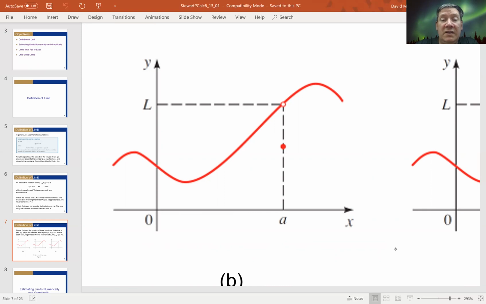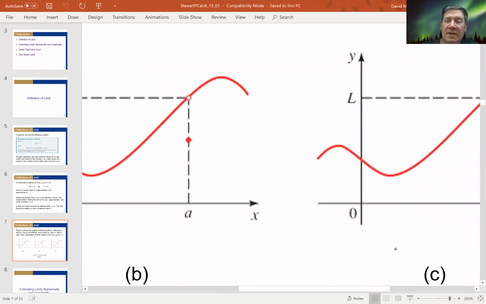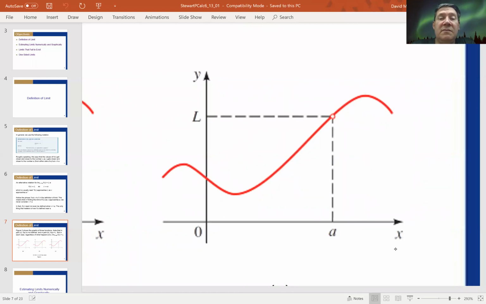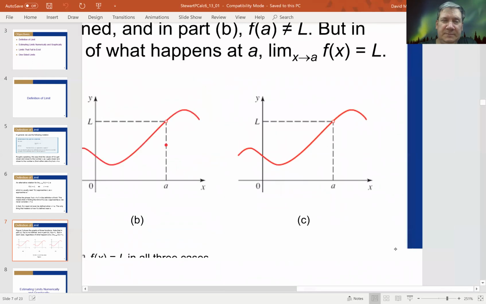So we might have the false impression, if we do substitute as x approaches a, that it's this value here that's the limit, and that's not the case. The limit is still this value up here. And even when there's a completely undefined value, there's a big hole in the graph, we will still say that the limit as x approaches a is equal to L.